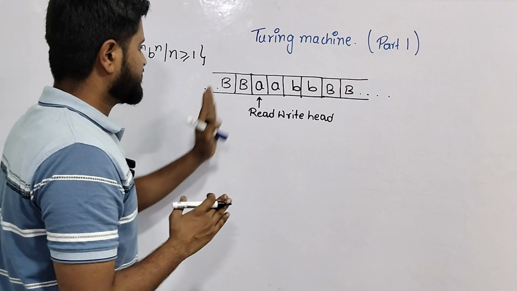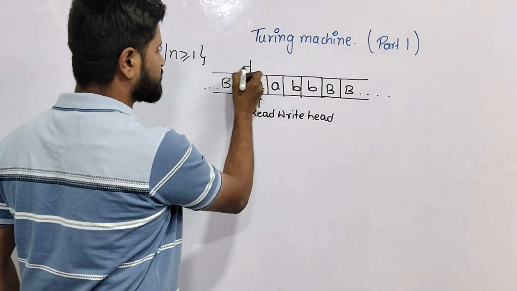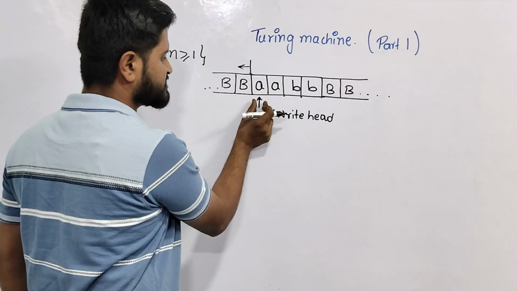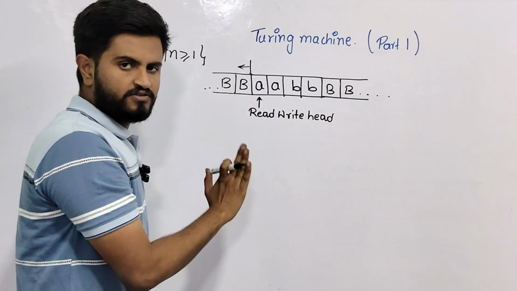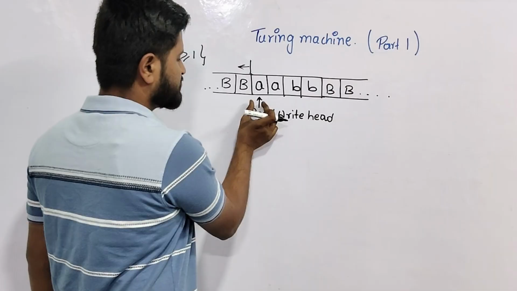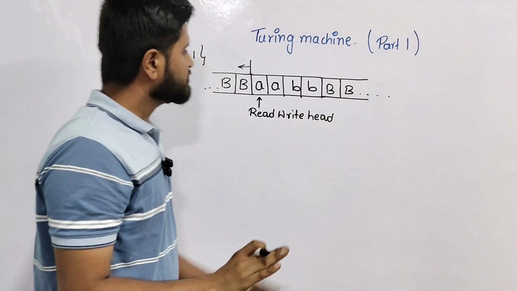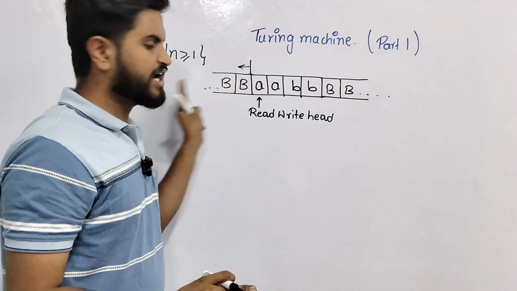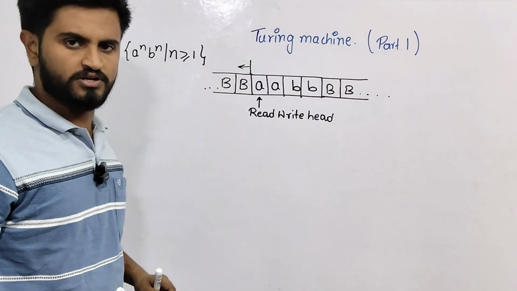The blank spaces which are behind a, the starting element of the string we selected, will not be considered to design the Turing machine. Only the elements after the starting element a will be considered, and these blank spaces after the string will also be considered.